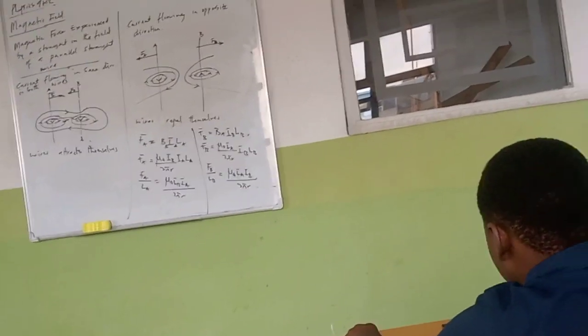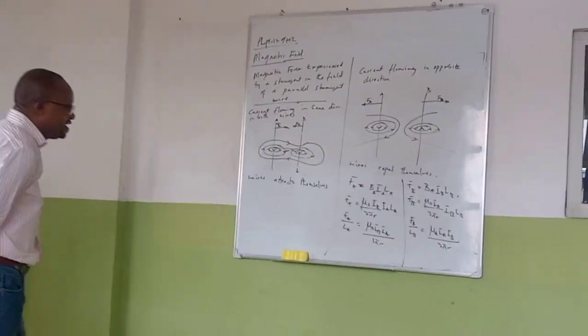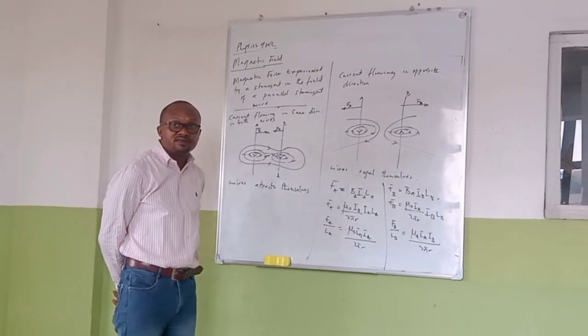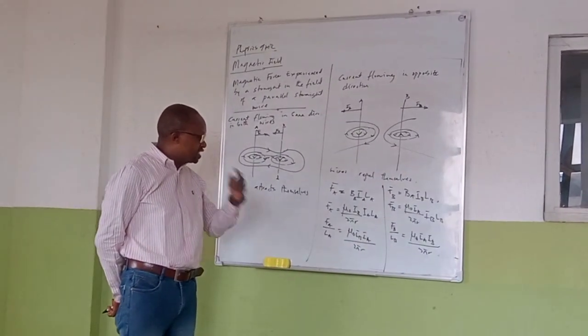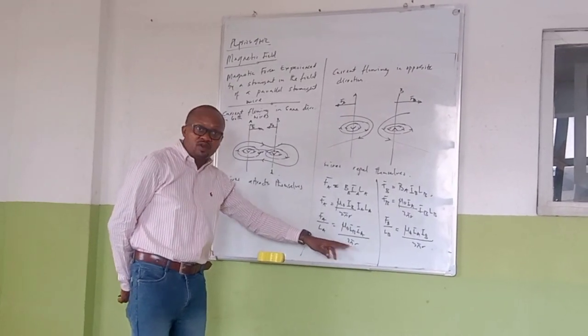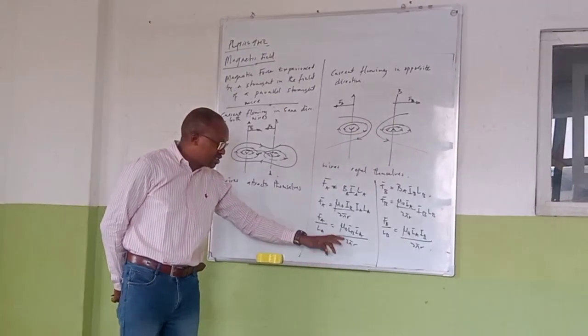Now, looking at both expressions, the magnetic force per unit length on both wires, are they the same or not? You know that mu naught over 2 pi r is the same for both wires because r is the distance between the two wires. So this is constant.